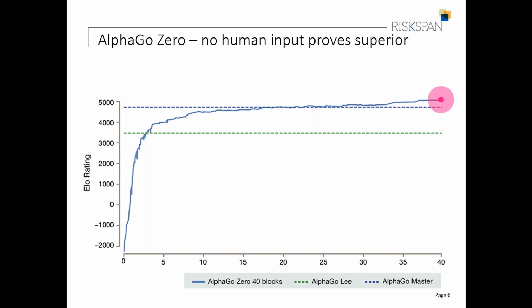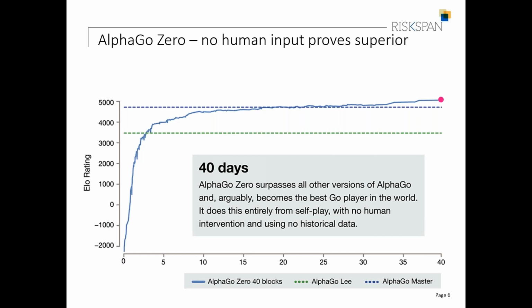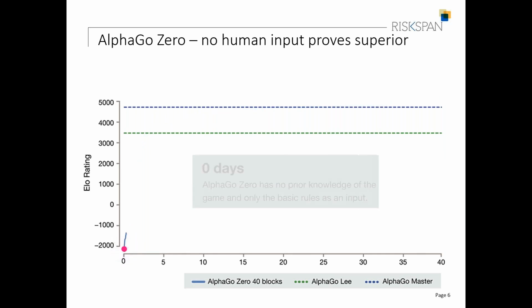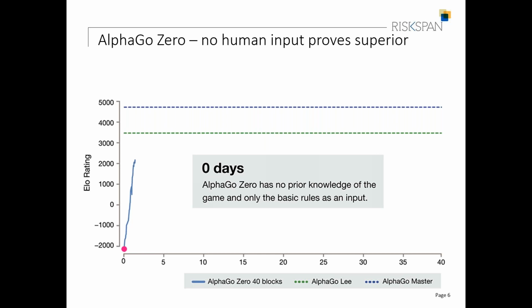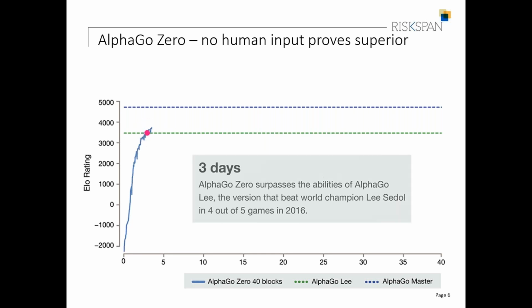It just shows that when machines are able to learn on their own, they're very powerful, especially in this case when Google trained a new version of AlphaGo using no human input and no historical data. Just by playing itself, it was able to beat the previous version of AlphaGo in only a few days.